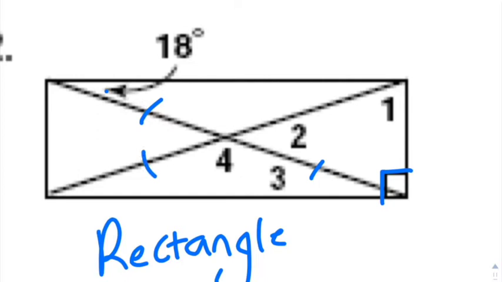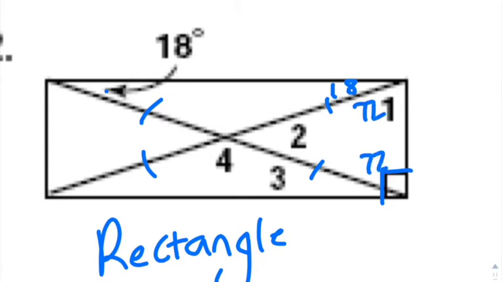All right, so with rectangles, don't forget that the diagonals are congruent. Also, you got diagonal bisectors, so you have a bunch of isosceles triangles. So I can squeeze in a little 18 degrees right there. You could subtract that from 90 to find angle 1. So angle 1, what's that going to be? 72 degrees.